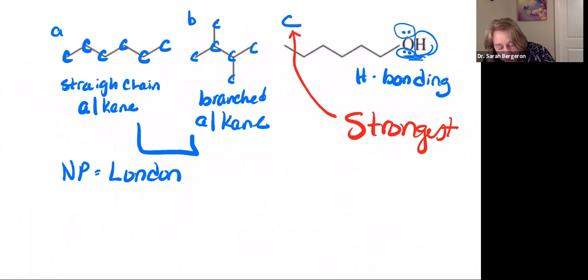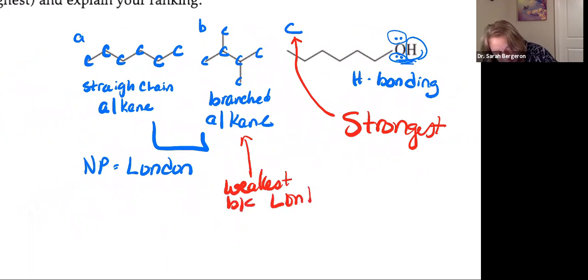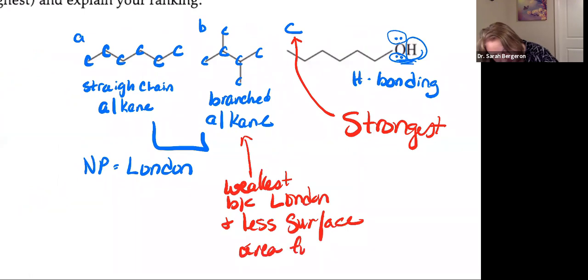Then I've got to think, okay, where's my weakest? My weakest is going to be my branched chain alkane because it has less surface area. So this is weakest because it only has London forces and has less surface area for interactions.